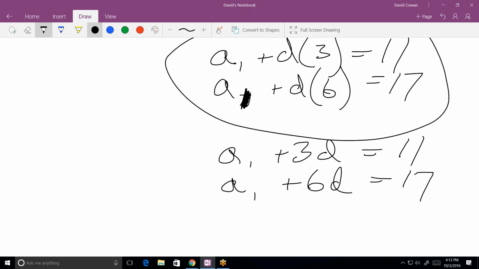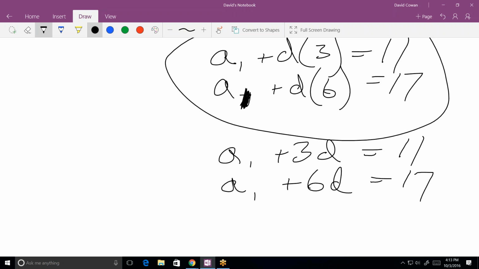What's the best way to solve that system of equations? Probably the way you just wrote it. Subtraction. You can always choose, whenever you have two equations and two unknowns, to solve them by elimination, which is what we're going to do. How do you know to solve them by elimination?